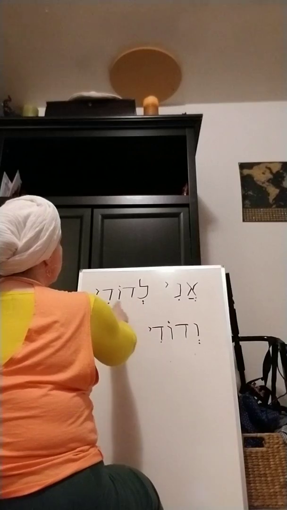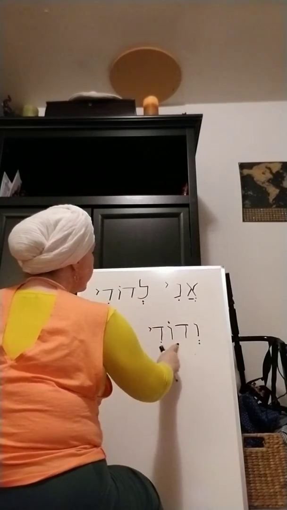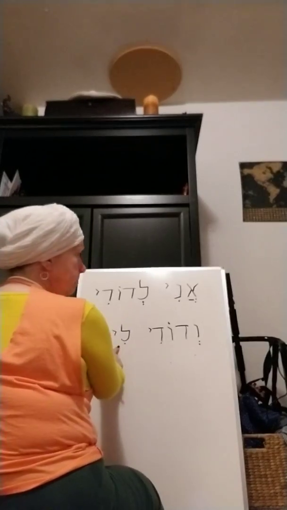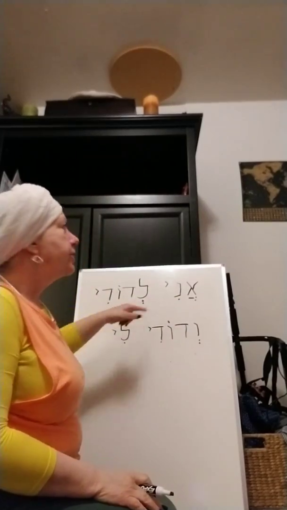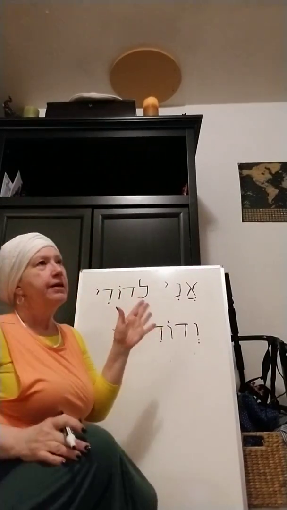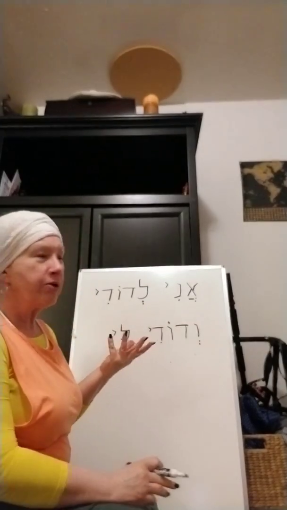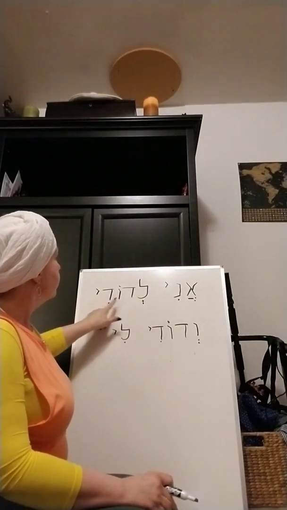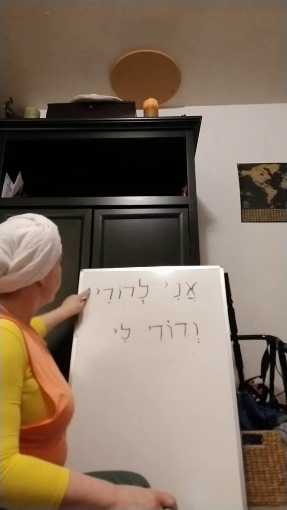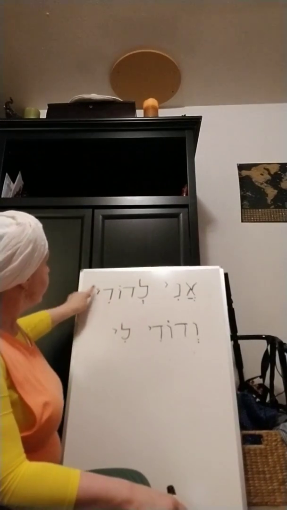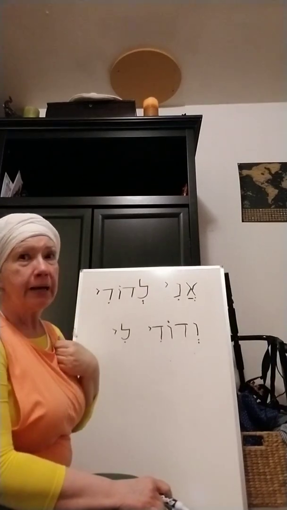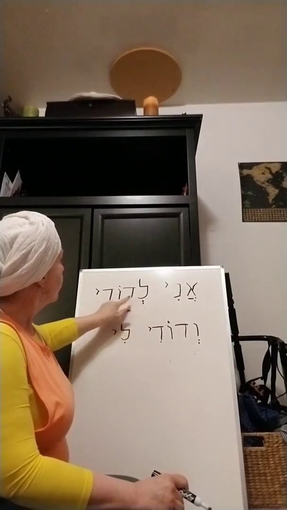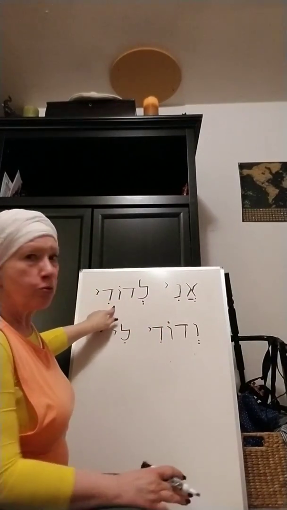Ani ledodi vdodi li. I, and here's the prefix, to. In this case, it means more for. Dodi means, well, first of all, let me explain the I on the end. Dod is the word. I on the end means my. So, for my dod.